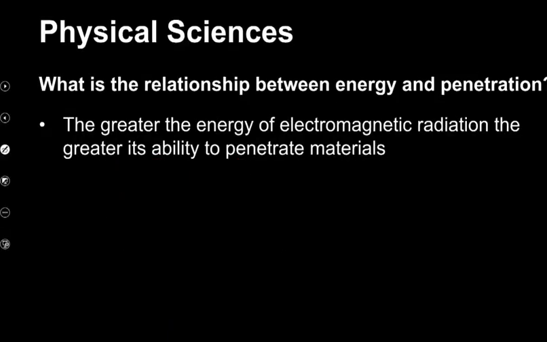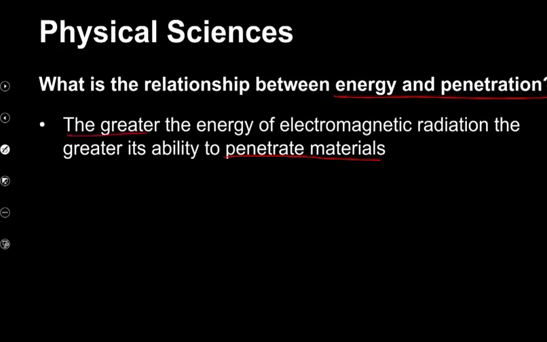When examining the idea of penetration, now that we understand the energy of electromagnetic radiation, we're better equipped to understand why some electromagnetic radiation is able to penetrate materials and why some isn't. And the answer lies in the amount of energy.